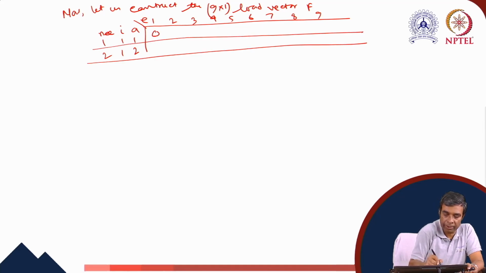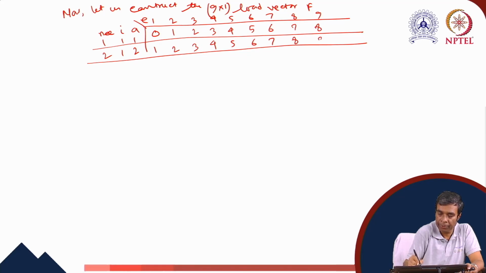Our equation numbers are 0, 1, 1, 2, 2, 3, 3, 4, 4, 5, 5, 6, 6, 7, 7, 8, 8, 9, 9, 0 for the 10th element. So here we fill the boxes.